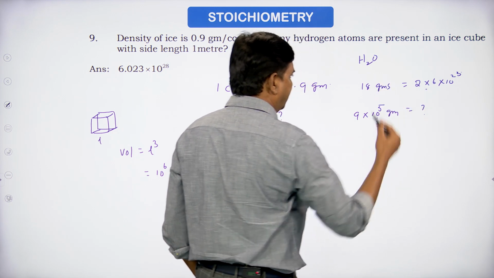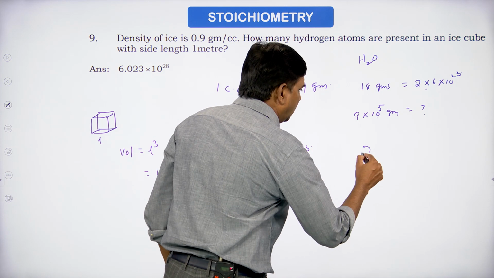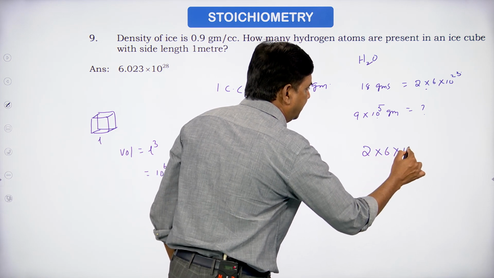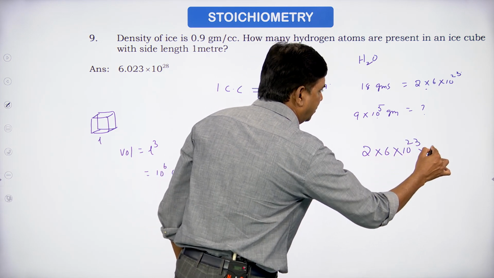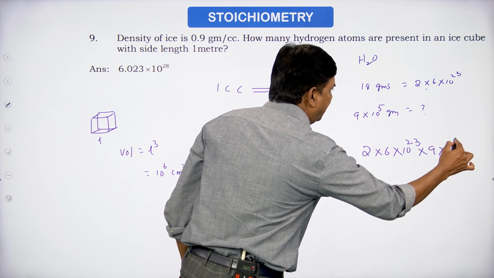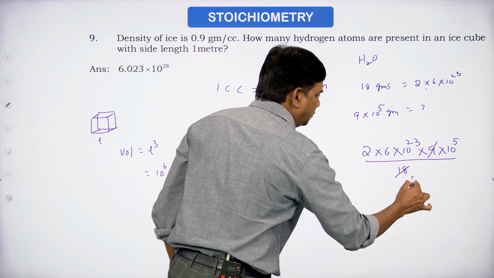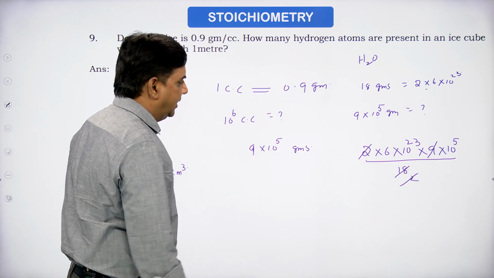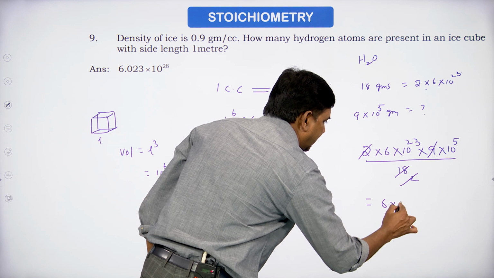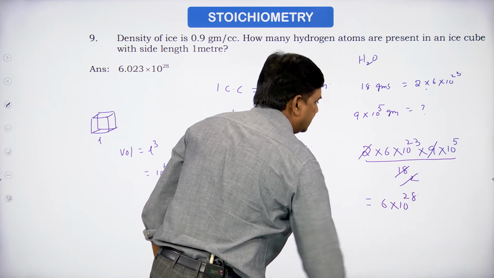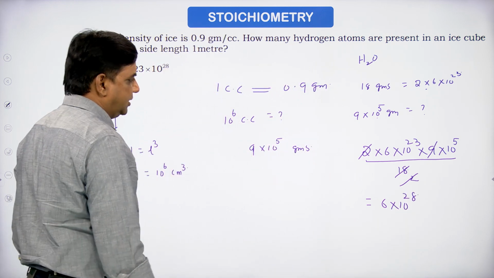This into this divided by this: 2 into 6 into 10 power 23 into 9 into 10 power 5 by 18 grams. The 2 times 9 cancels with 18, and this is equal to 6 into 10 power 28 hydrogen atoms.